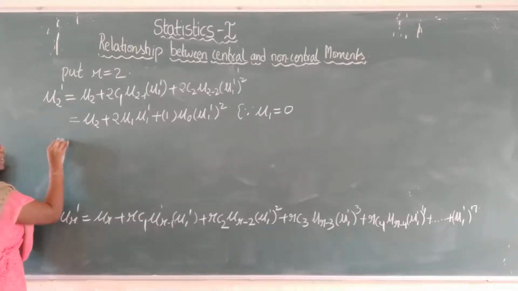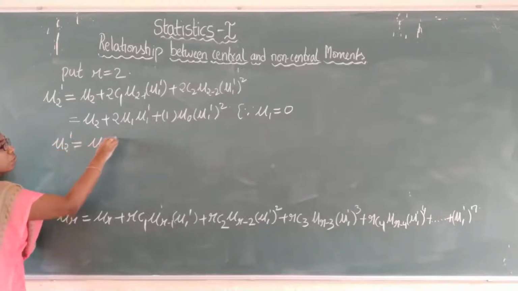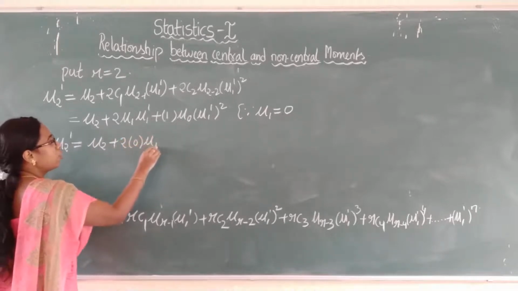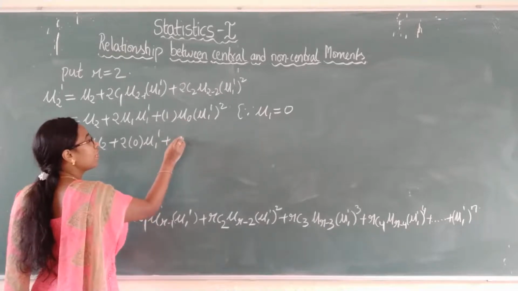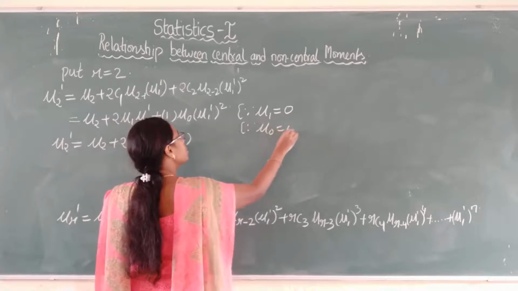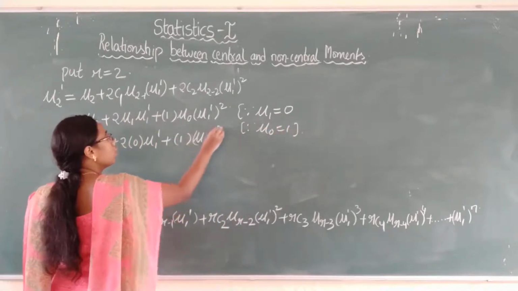We will be getting mu2 dash is equals to mu2 plus 2 into mu1, which is 0, into mu1 dash, plus what is mu naught value? Mu naught is 1. So mu naught equals to 1 into mu1 dash whole square.